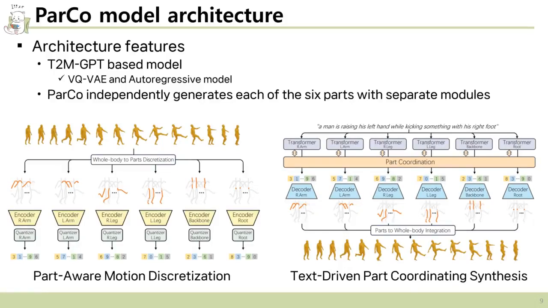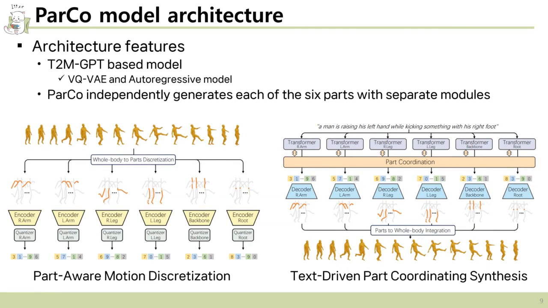Now, let's take a deeper look at the architecture of ParCo. ParCo is built on the T2M-GPT foundation and combines the VQ-VAE architecture with an autoregressive model. It independently generates motion for six different body parts: the right arm, right leg, torso, and glutes.